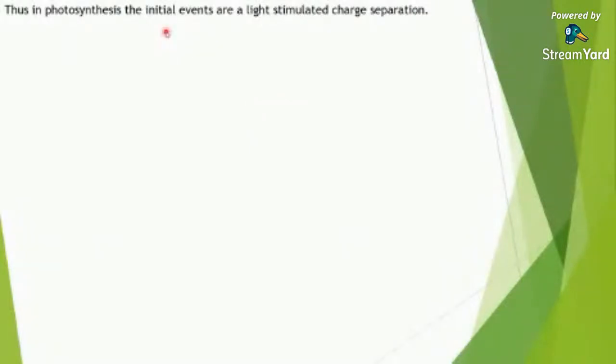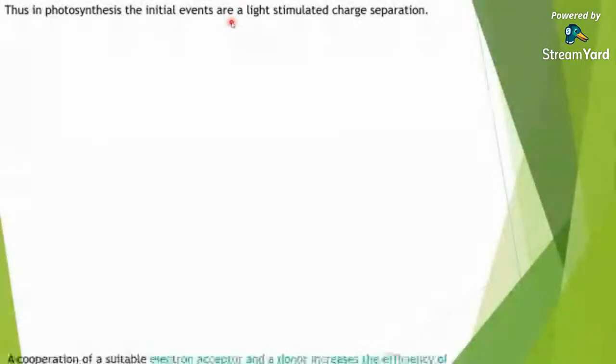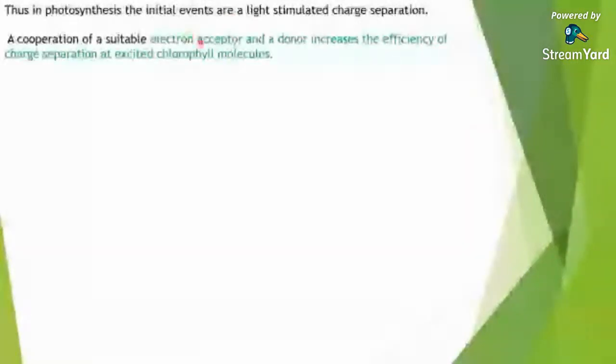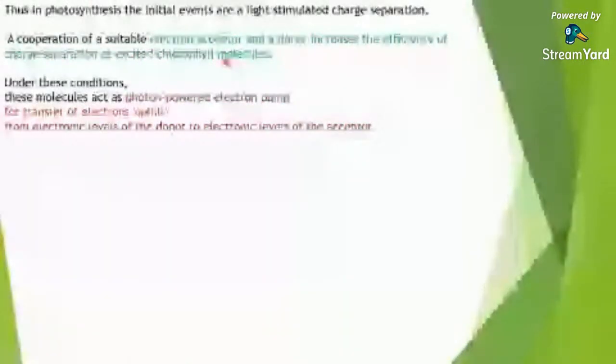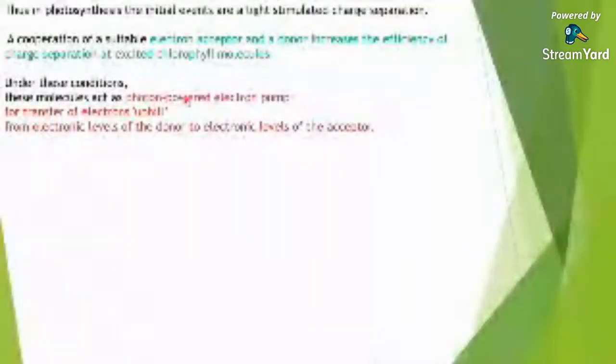So in photosynthesis, the initial event is a light stimulated charge separation. The cooperation of a suitable electron acceptor and a donor increases the efficiency of charge separation at excited chlorophyll molecules. Under these conditions, these molecules act as a photon-powered electron pump.